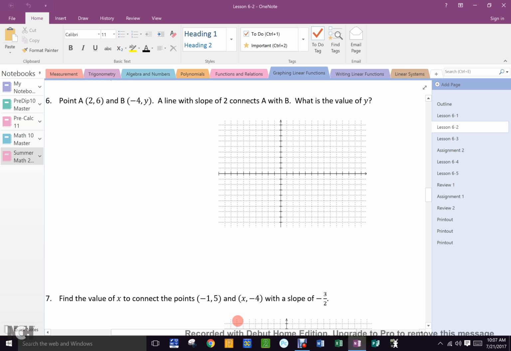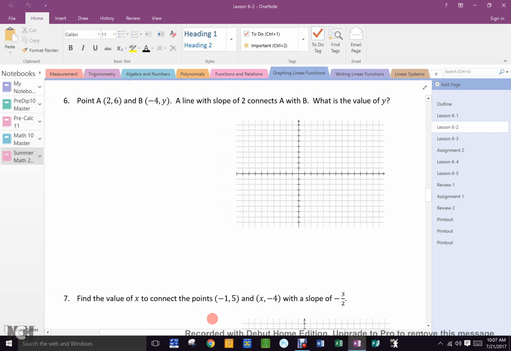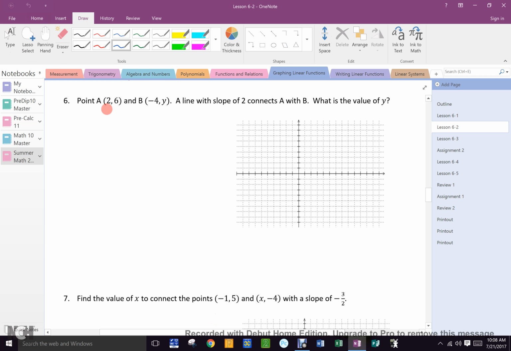Now, I want you to look at the problem. Can I graph this right now? No, why not? Because I'm missing a y, right? That's the first x I see, so what is it? x1. What's this one? y1.